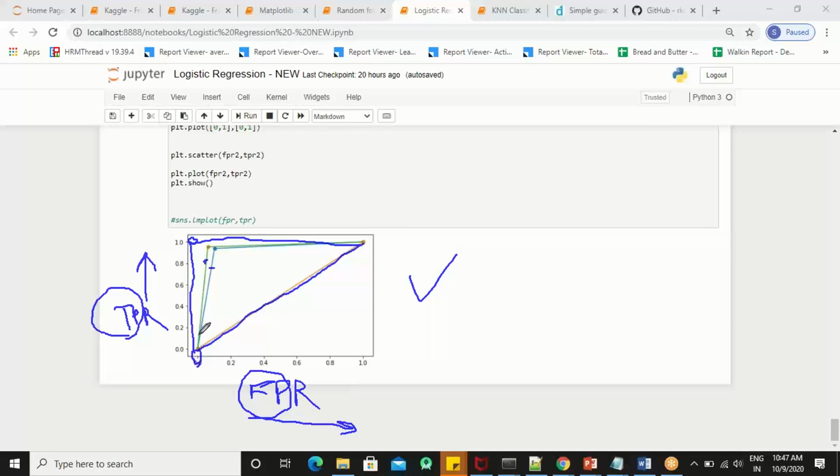But the point is, अगर मैं एरिया अंडर द कर्व की बात करूं, AUC, एरिया अंडर द कर्व, इस कर्व के अंडर टोटल एरिया कितना है, तो दैट वैल्यू कैन बी समवेयर बिटवीन 0 to 1. एरिया अंडर द कर्व कैन बी बिटवीन 0 to 1. So the more the area under the curve, the better the model. And actually the area under the curve is nothing but your accuracy.